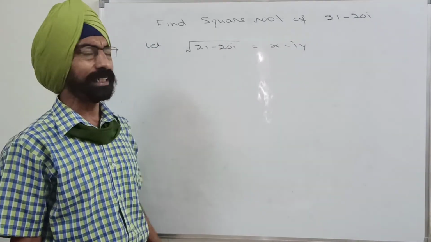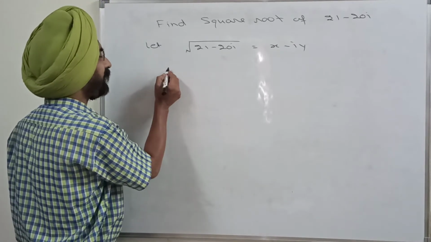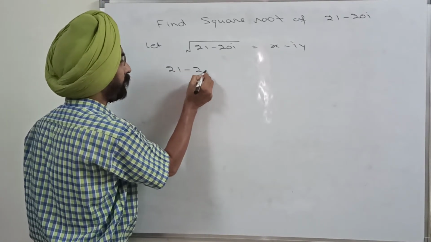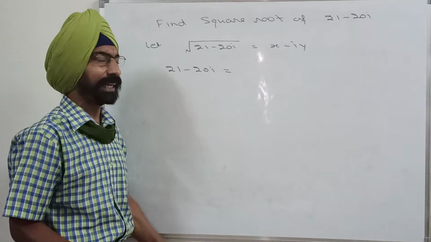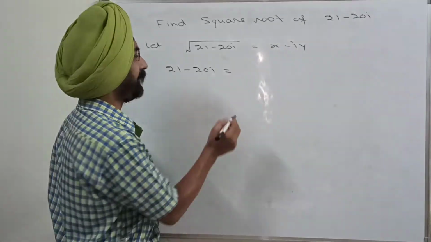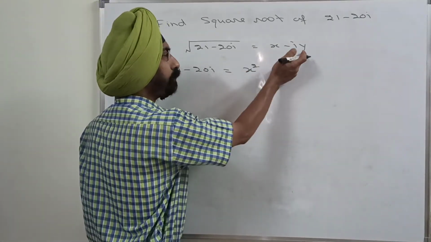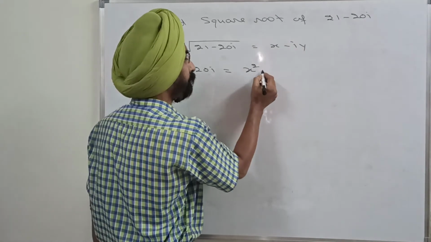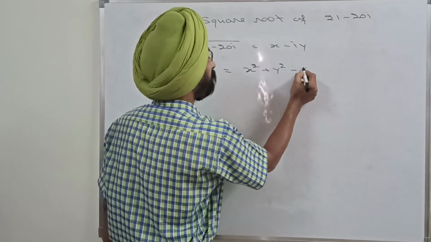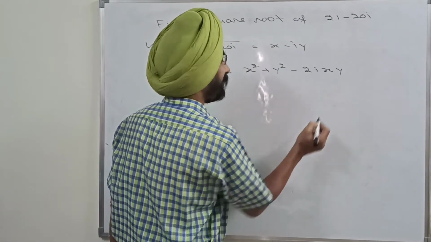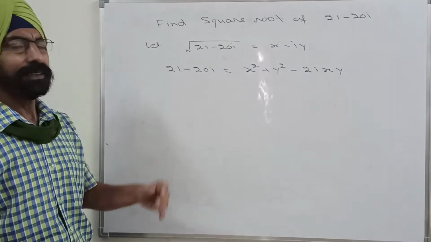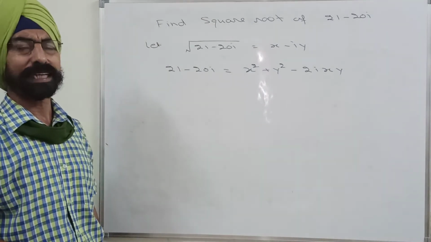Now squaring both sides, what will you get? The left hand side is very easy, it's 21 minus 20 iota. On the right hand side, when you square it, you will get x square, minus iota square y square which becomes plus y square, and minus 2 iota xy. Equating real and imaginary parts once again.